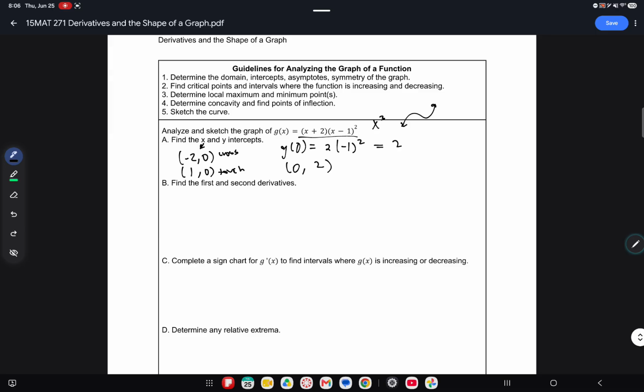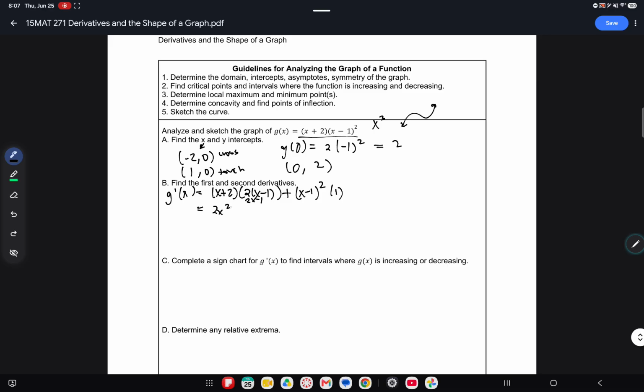Find the first and second derivatives, and then we'll do sign chart stuff. So the first derivative, why not do product rule? So left d right plus right d left. Then I'll multiply things out. So that's 2x minus 1.